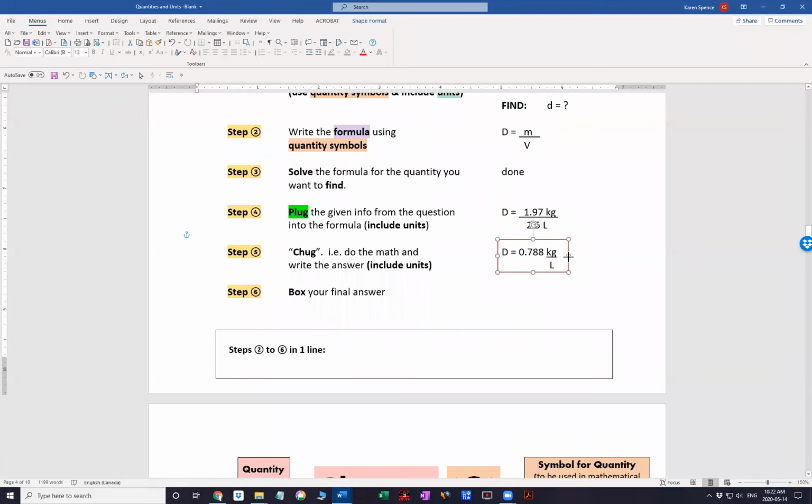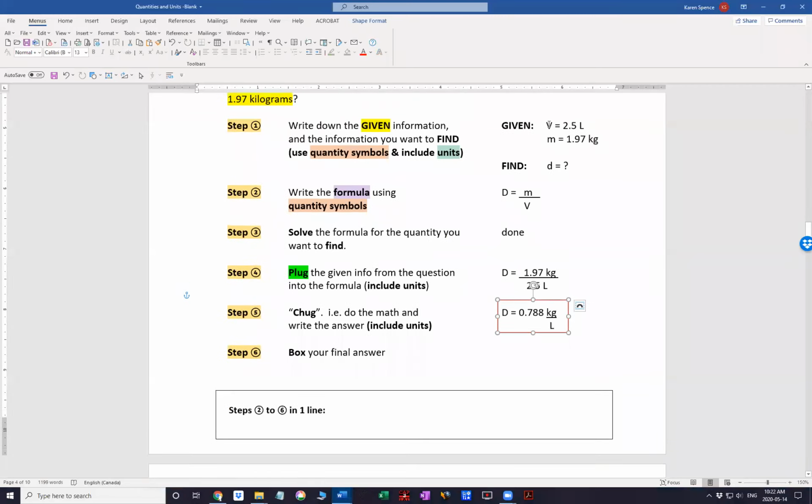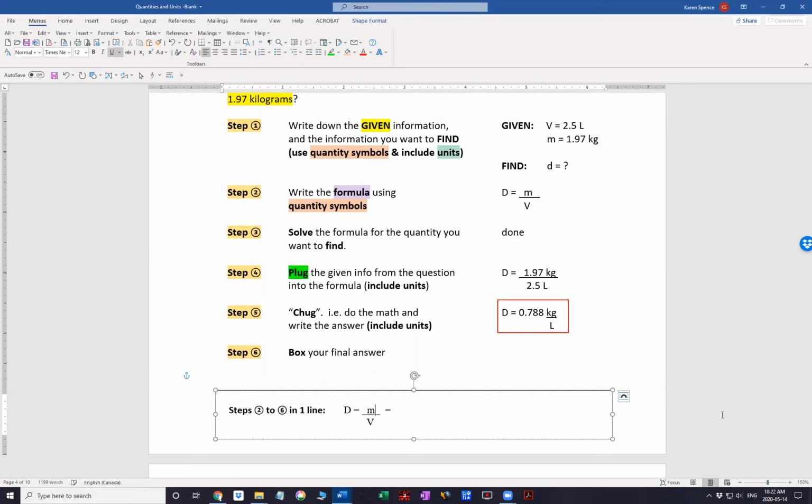There we go. Now, what if you didn't want to write it all like this, D equals, D equals, D equals? You can do steps 2 through 6 in one line. We can say D equals M over V. And then right after it in the same line, we can do our plugging in.